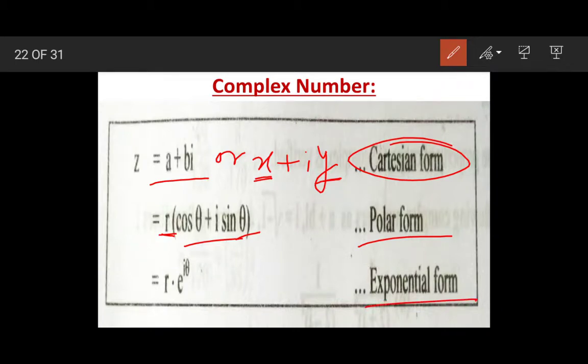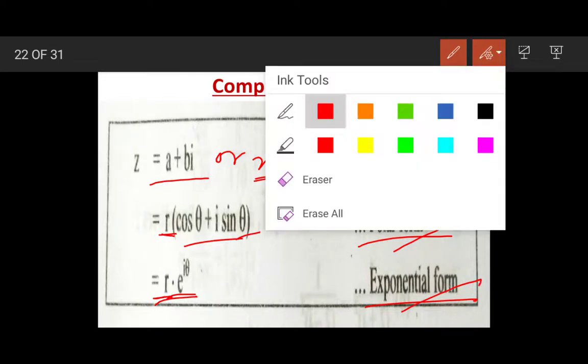Then the exponential form means r into e raised to i theta. Here again r is the modulus and theta is the argument of the complex number. So these are the three forms of representing a complex number: Cartesian form, polar form, and exponential form.